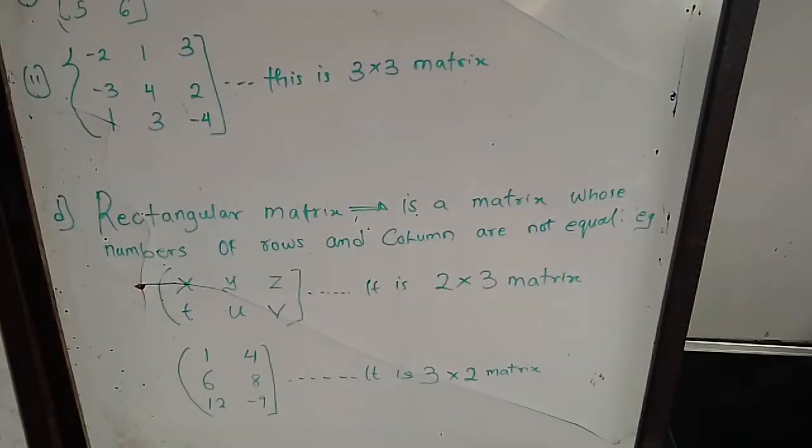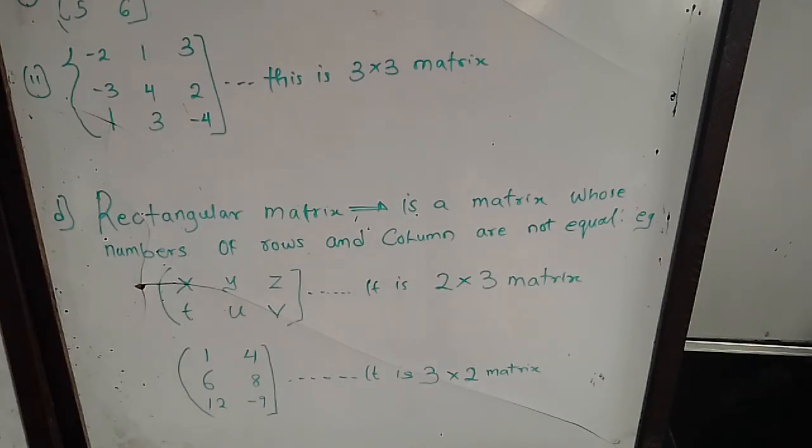So we can understand that a square matrix is a matrix with equal numbers of rows and columns, so it is the opposite of the rectangular matrix, where the numbers of rows and columns are not equal.